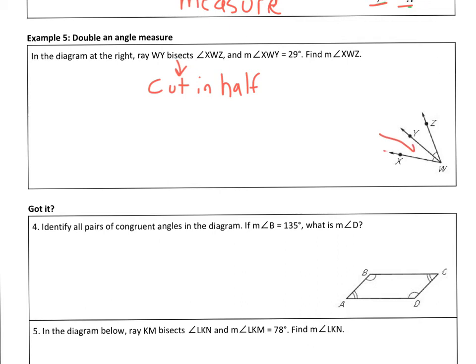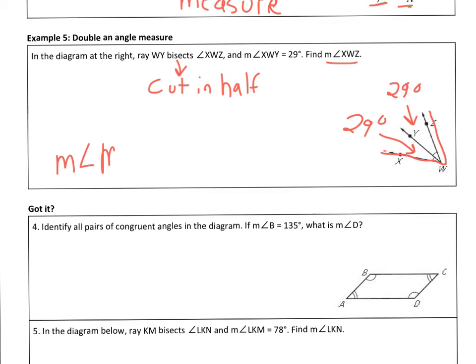So I'm giving you that XWY is 29 degrees, okay? And I'm asking you to find XWZ, the entire angle. So if this entire angle is being cut in half, and this half is 29, that means this half is also 29.